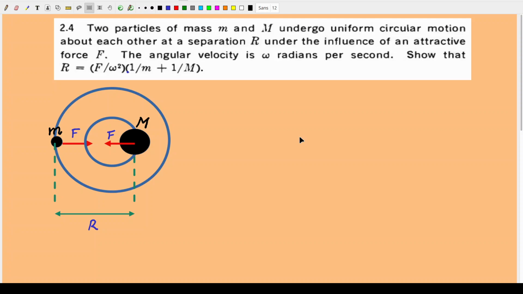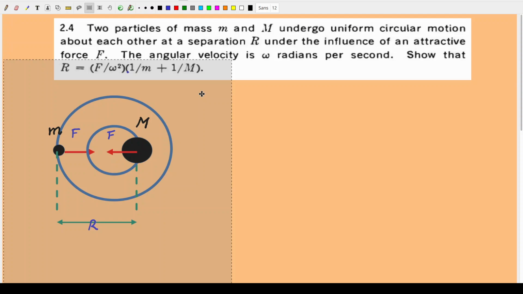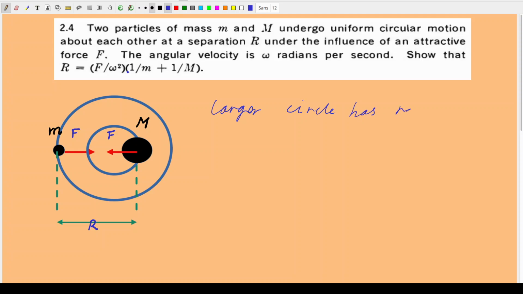So, what do we need to understand here? First we need to figure out that the larger circle has radius r1, and the other one r2.